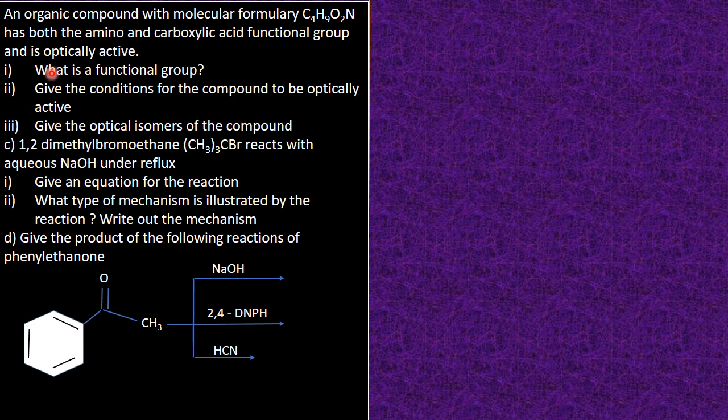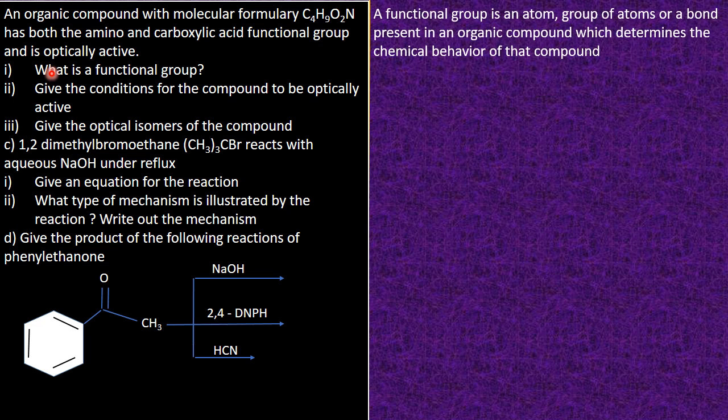Now friends, we should know that a functional group is simply a group of atoms, or a bond, present in an organic compound that determines the chemical behavior of that compound. Okay, it's super important, guys.